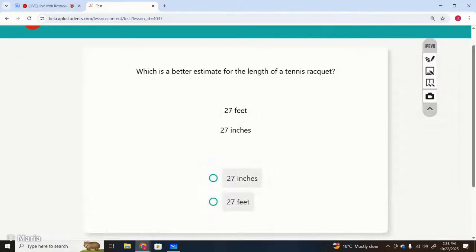Which is the better estimate for the length of a tennis racket?